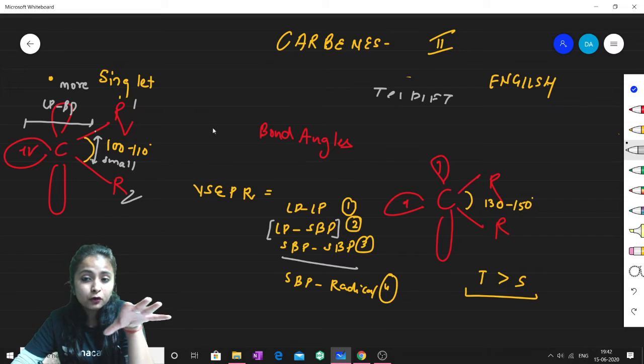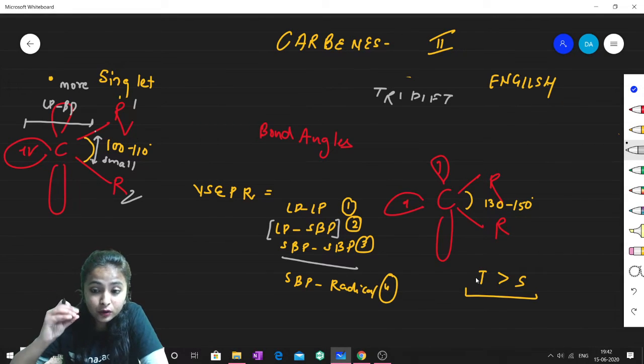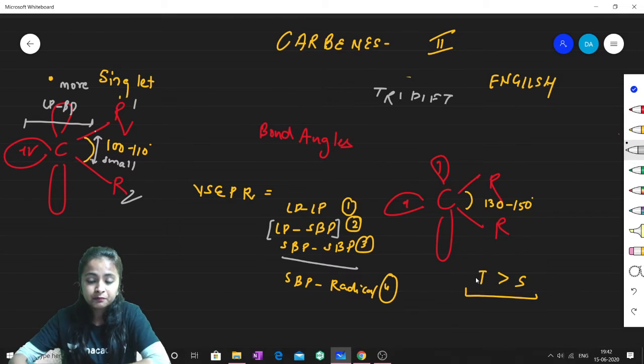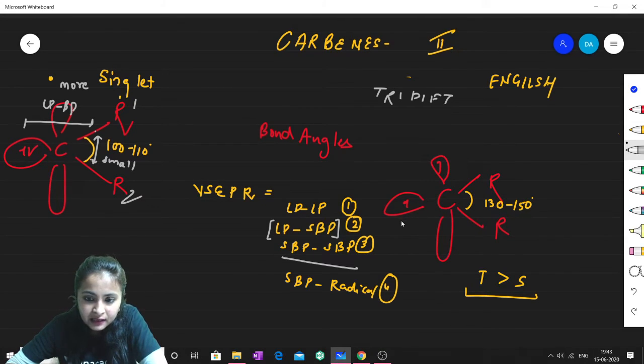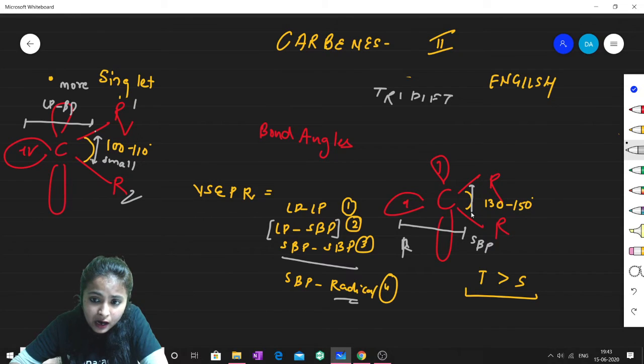But if we talk about triplet carbene, what is the difference? Why did this bond angle come out to be greater? So please have a look. This is single bond pair, and this is radical. See, this is a radical, isn't it? This is radical, and these two are single bond pairs. And we can see single bond pair repulsion is greater than that of this.